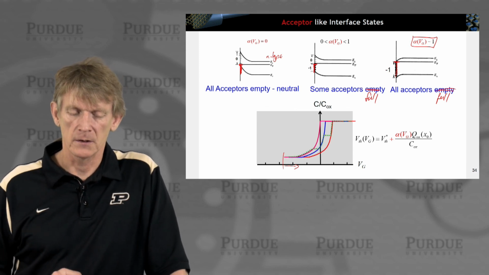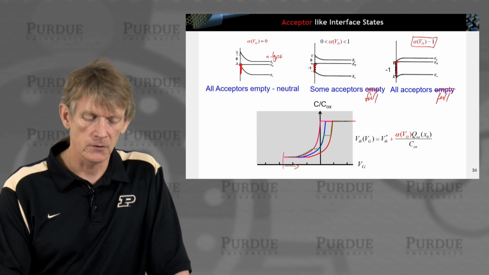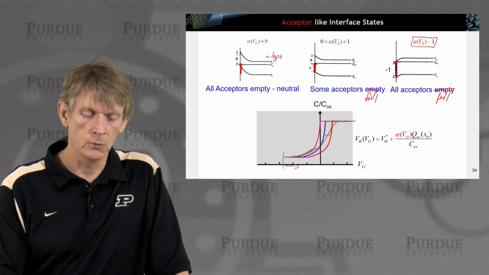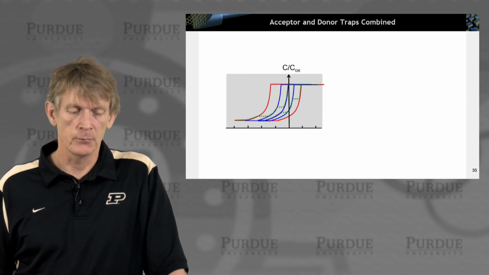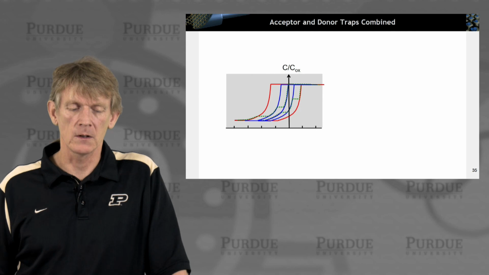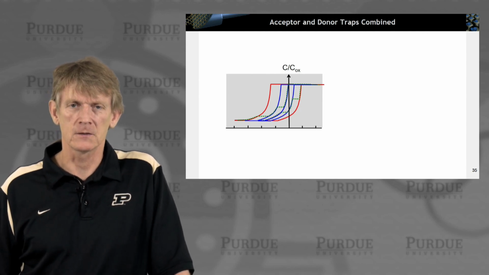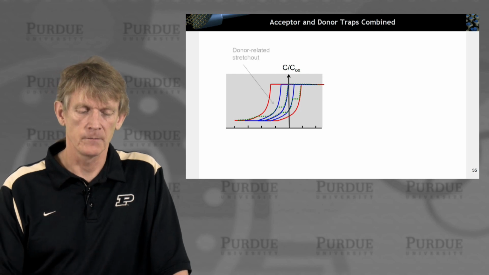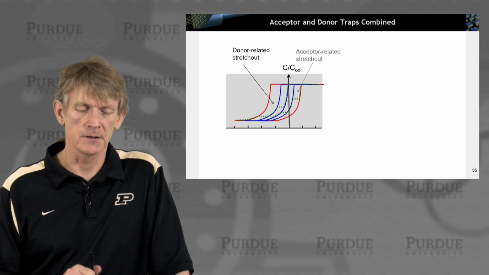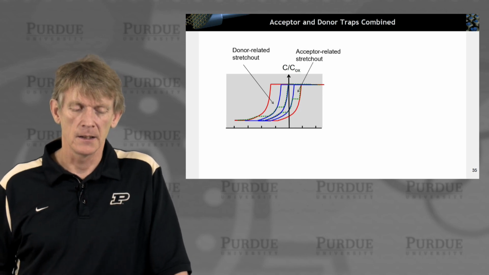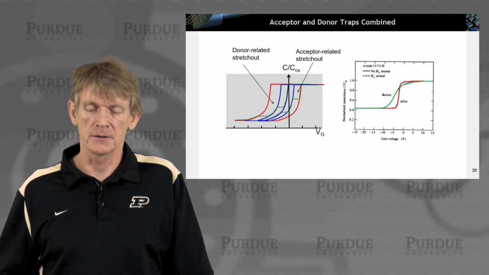You can symbolize it with step-like behavior, but of course, overall, this will be somewhat of a smooth curve that will lie across here, okay? So you can put all of these together, the acceptor and donors combined, and you overall see a CV curve that's stretched out quite a bit, okay? So there's a donor-related stretch out, there's an acceptor-related stretch out, and of course, this is not just little step-like things, but it's really continuous.